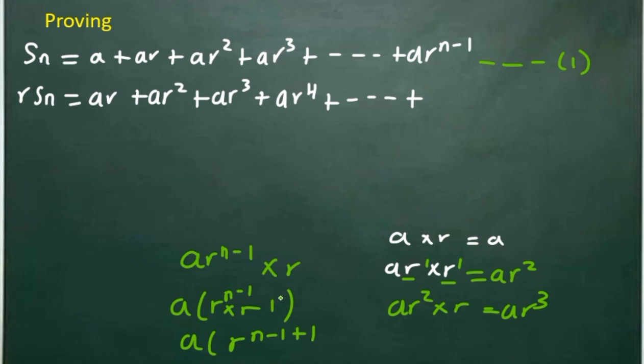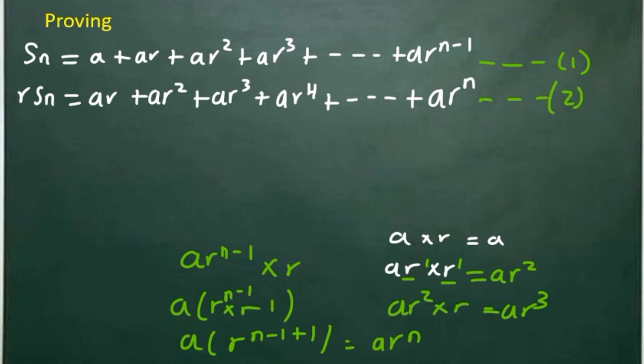Minus 1 plus 1 is 0, so we are left with ar to the exponent of n. So if you multiply r by this term, we have ar to the exponent of n, and let's call this equation 2.